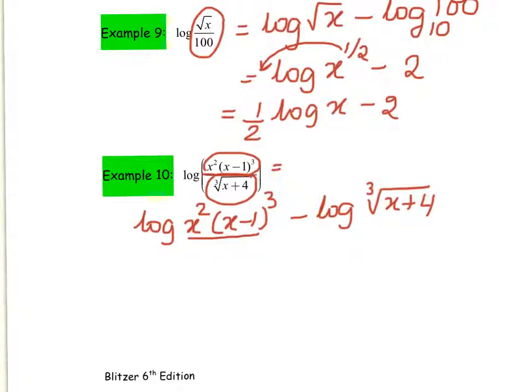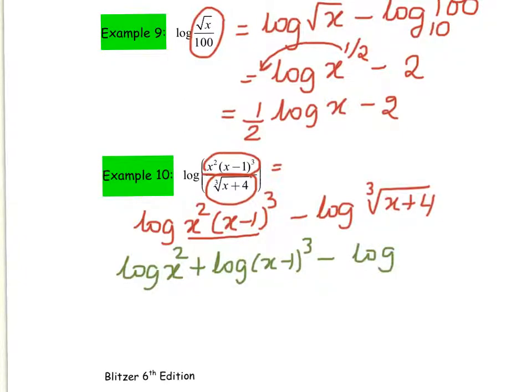Now that becomes addition. So log x squared plus log (x minus 1) cubed minus log. I'm going to write the cube root as to the power 1/3, because the powers get kicked right up to the front.